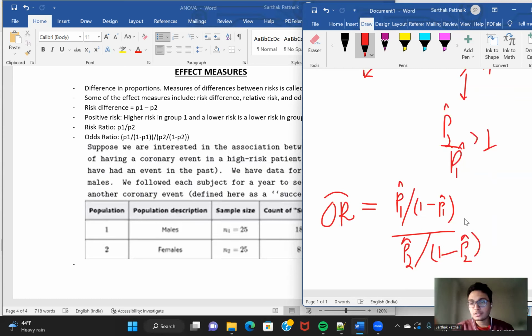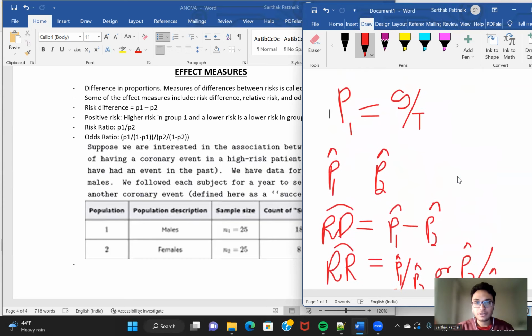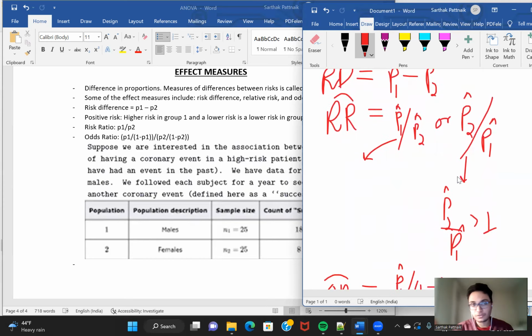If this quantity is greater than 1, it means there are higher odds in the first group as compared to the second group. And if this quantity is less than 1, then there is more risk in the second group than in the first group. Odds ratio tells us the odds, or the chances, of that particular event occurring. So we are comparing the odds of our sample 1 with the odds of our sample 2. These are the three estimates of effect measures: risk difference, risk ratio, and odds ratio.